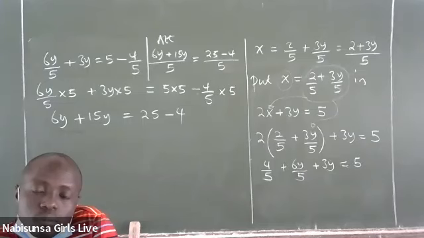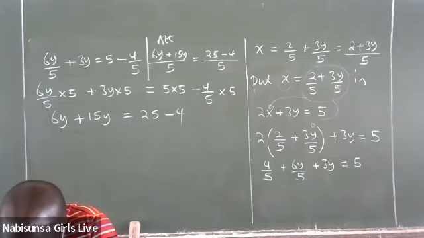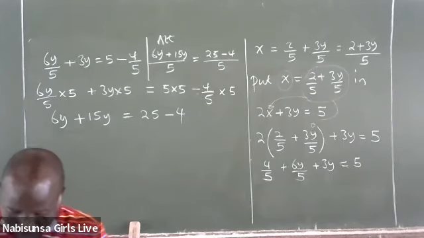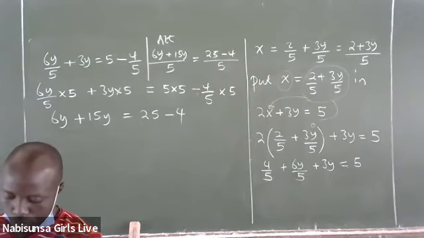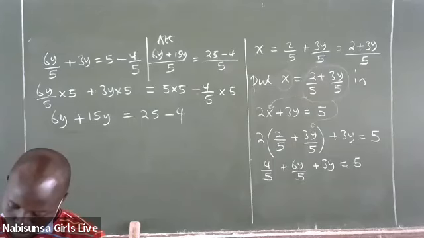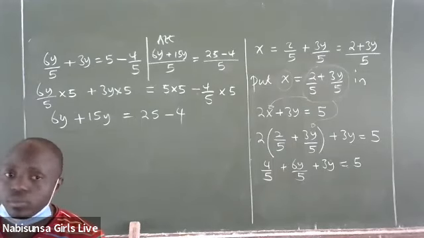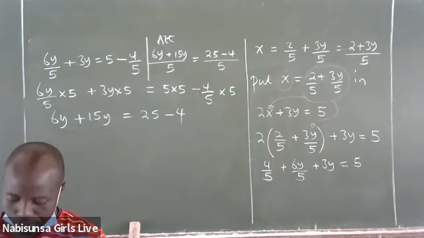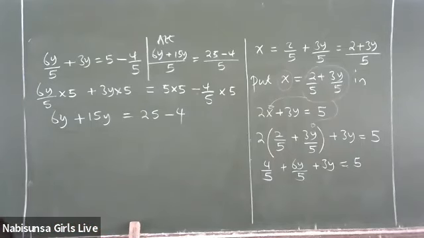Alia, you've got 3y on the second equation, and then you use 2x plus 3y equals 5 on the first equation. Can you alter them? Alia, now you are clear. Can you repeat your question? Now you repeat your question. Now you're clear. You are not clear.